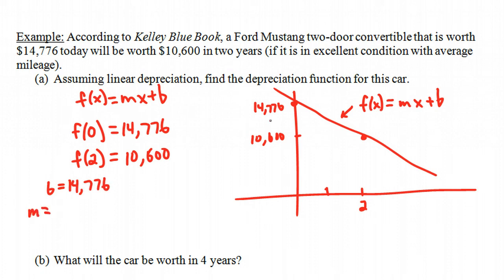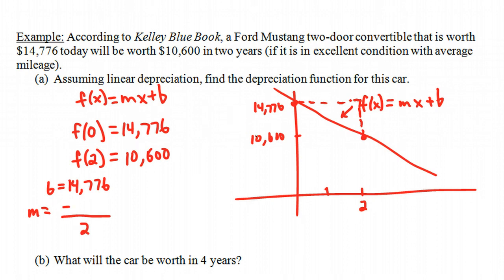Now what is the m? Well, the m is the slope. It's rise over run. Now, you could figure out rise over run by calling this point 2, 10,600, x1, y1, and calling this point 0, 14,776, x2, y2. But let's just think of it in terms of rise over run. The run between these 2 points is 2. We're going from 0 over to 2, so the run is 2. The rise should be negative because we're going down as we go left to right.